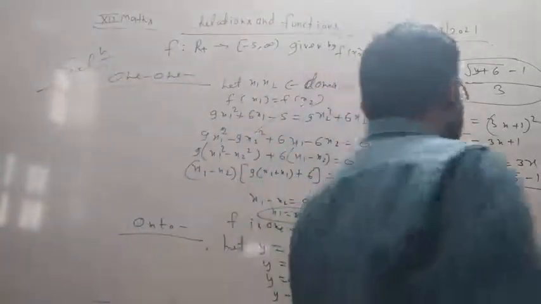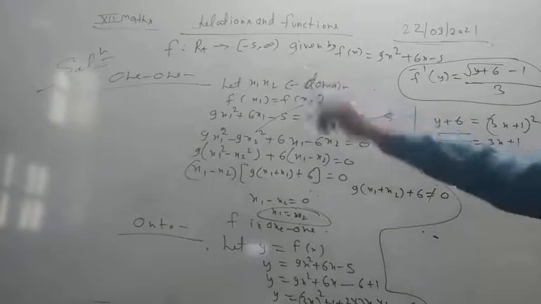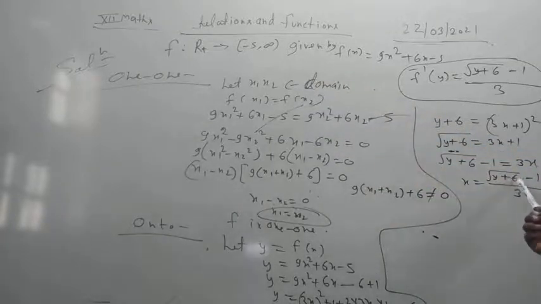Okay, so let's check. Suppose we are taking 0, so 0 belongs to this codomain. So this is root 6 minus 1 by 3, and this belongs to the positive real numbers.